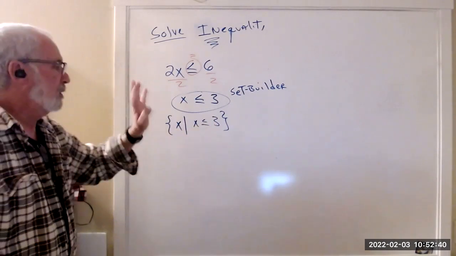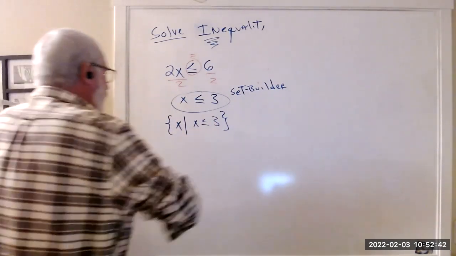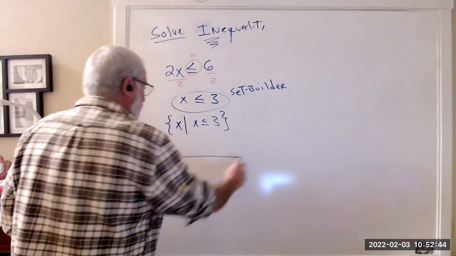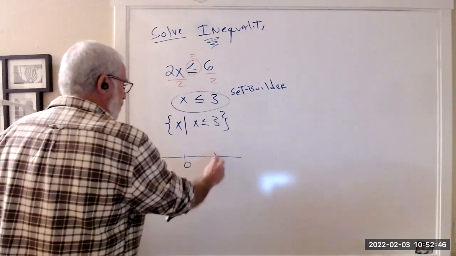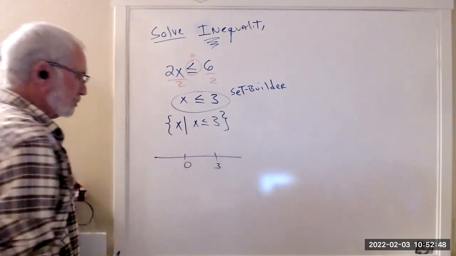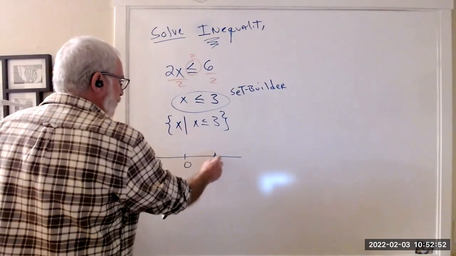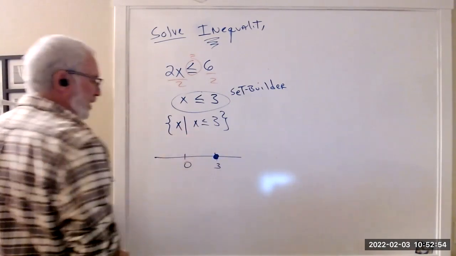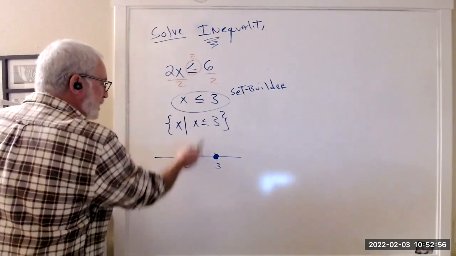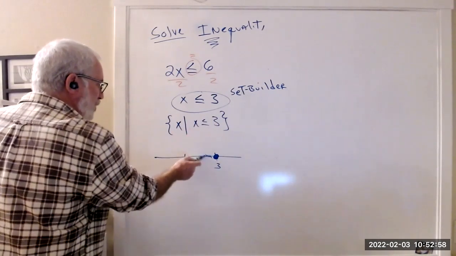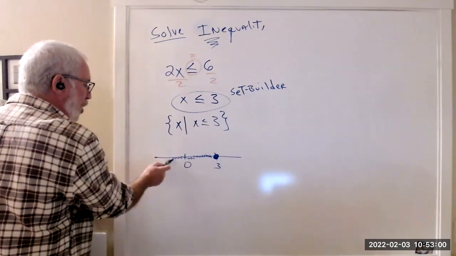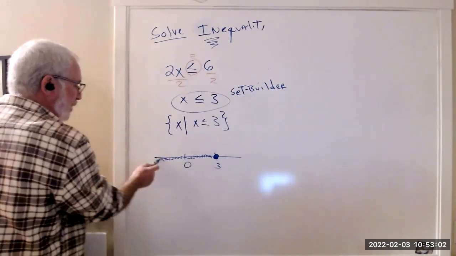Now, if we graphed this, we put 0, we put 3. We want to equal 3, so we use a solid dot on it, and we want to be less than 3, so we shade always on the number line, never above it.